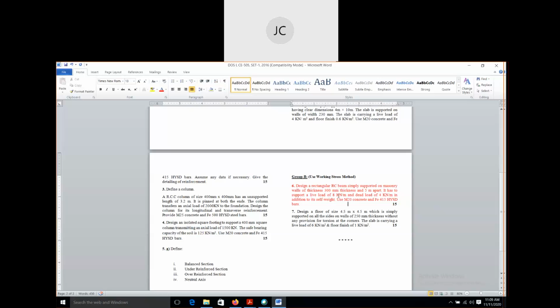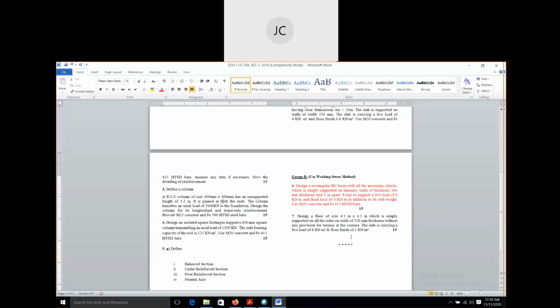You go through the PDF and design the rectangular beam.